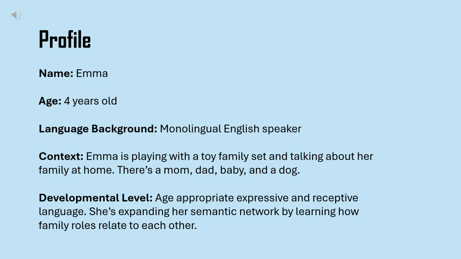At this stage, Emma's expanding her semantic network, which basically means she's learning not just the words themselves, but how they relate to one another. For example, she's learning that mommies cook, babies sleep, dogs play. These relationships are what strengthen her internal lexicon, the meanings of the words. That's what we're going to see in this connectionist model.